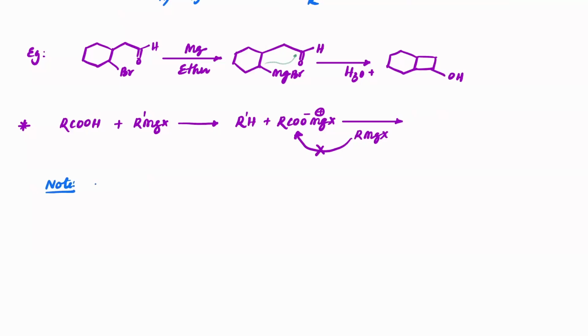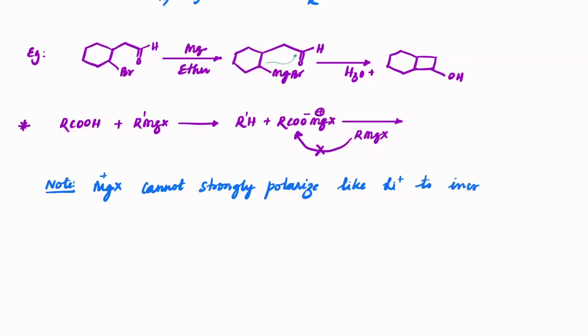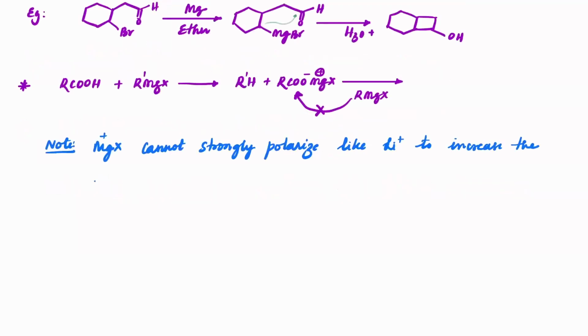MgX plus cannot strongly polarize like lithium plus to increase the delta positive charge of the C double bond O minus group.